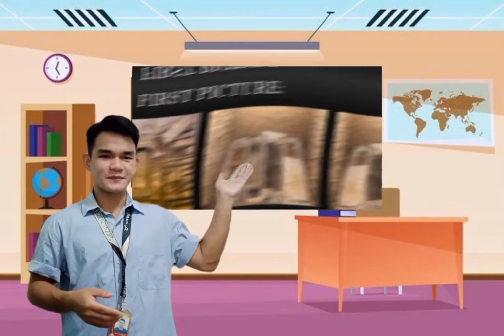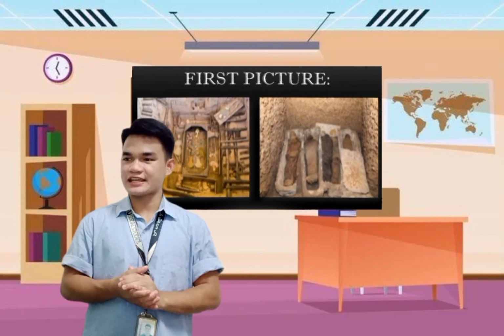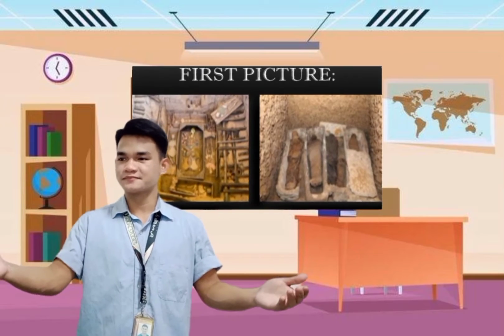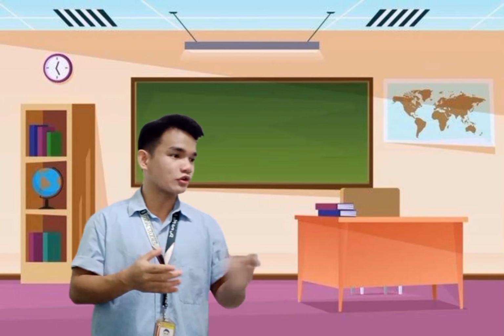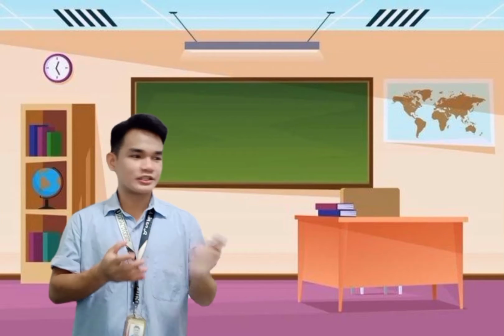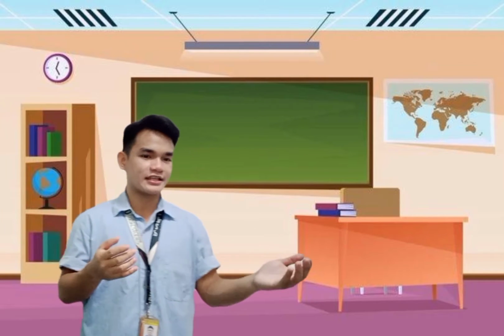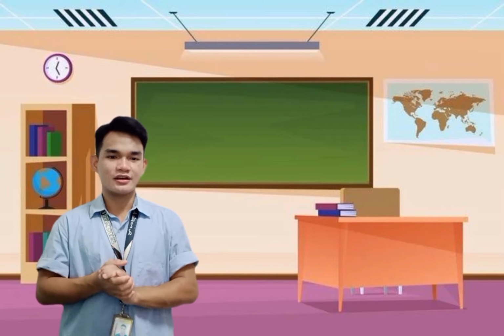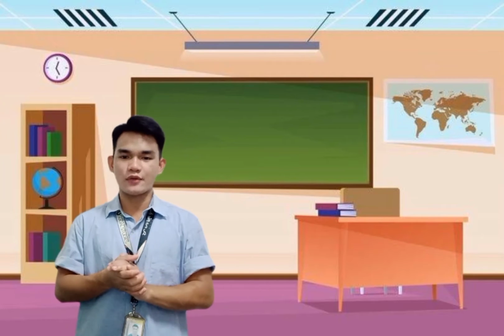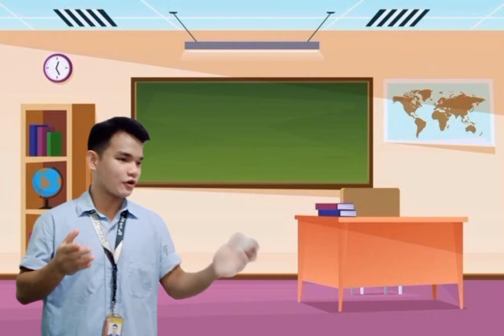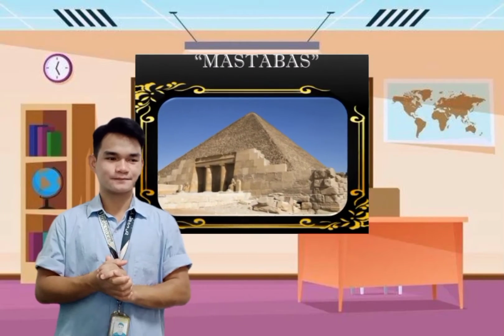Okay, first picture. What pictures do you see on the screen? Anyone? Excellent, that's correct. These pictures represent a coffin in the past. Did you know that a wealthy person in the past would order a sarcophagus or a stone coffin? It is used to bury leaders and wealthy residents to enclose the coffin. Also, nobles and very wealthy people were often buried in tombs that we call mastabas.